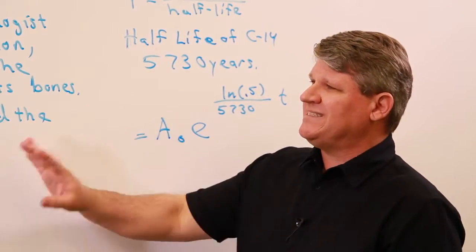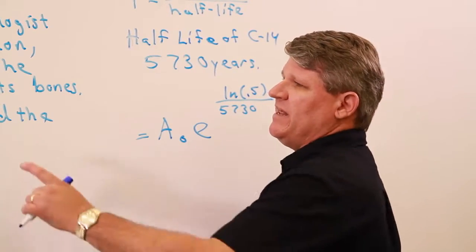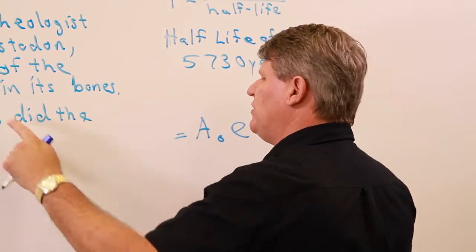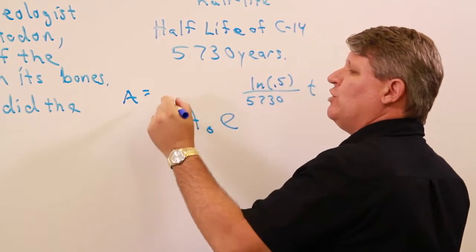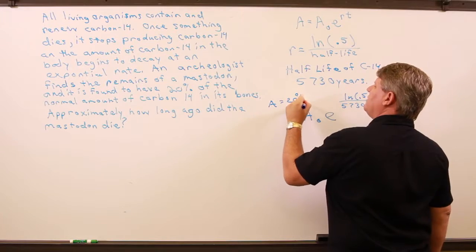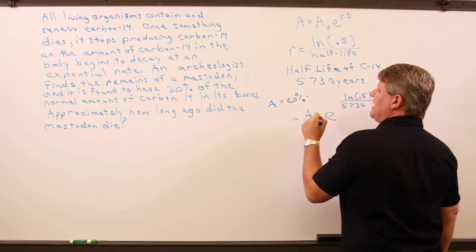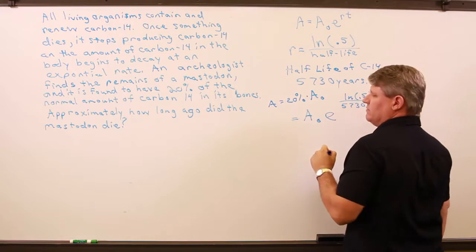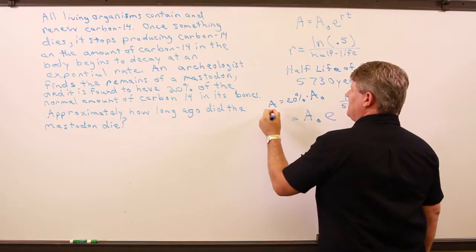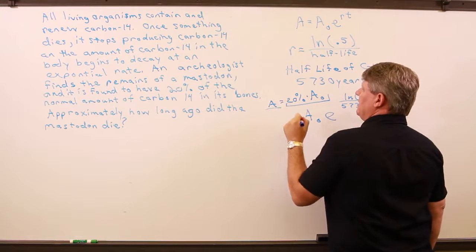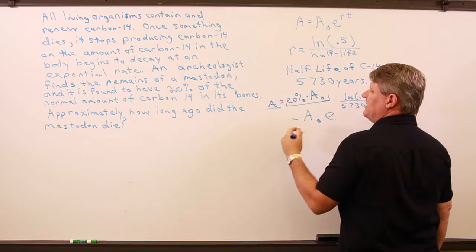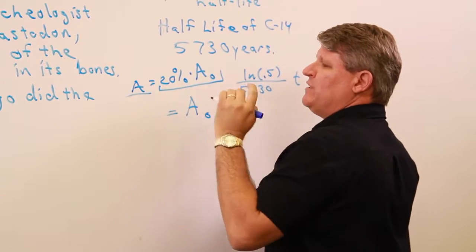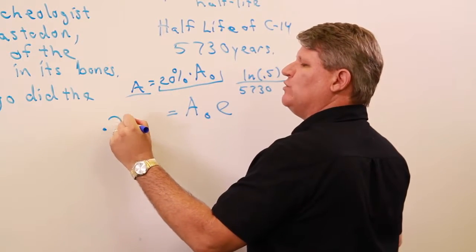They also don't tell me exactly how much carbon was in the body when it was found, but they do tell me that the amount that was found is 20% of, which means times, the original amount. So I can replace my A with 20% times A0. Make sure we never use a percentage when doing a problem.